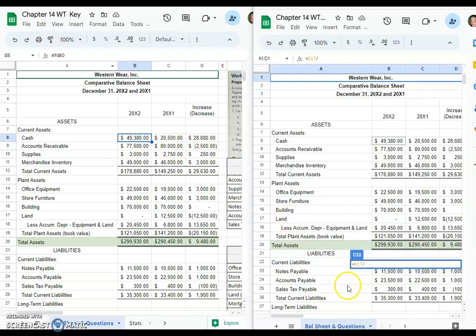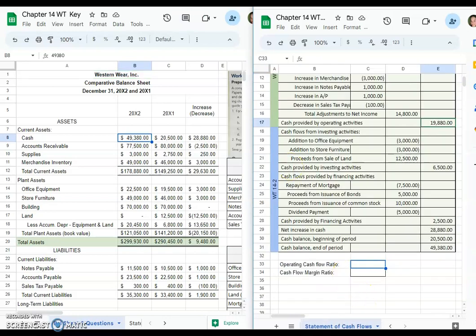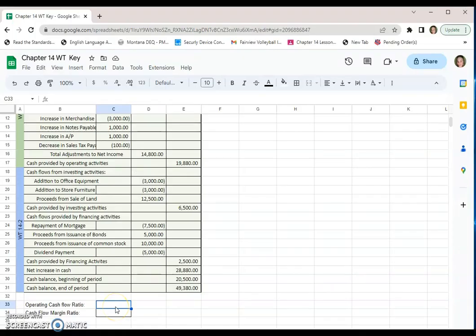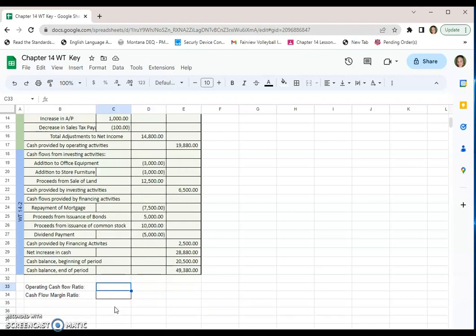So for this ratio section, I'm just going to go back to having only one workbook open. So your operating cash flow ratio, page 415 explains how to calculate it if you don't remember. But it is cash flows from operating activities divided by current liabilities. So equals cash flows from operating activities divided by, and then we may have to click over to our other tab, which I can't see.